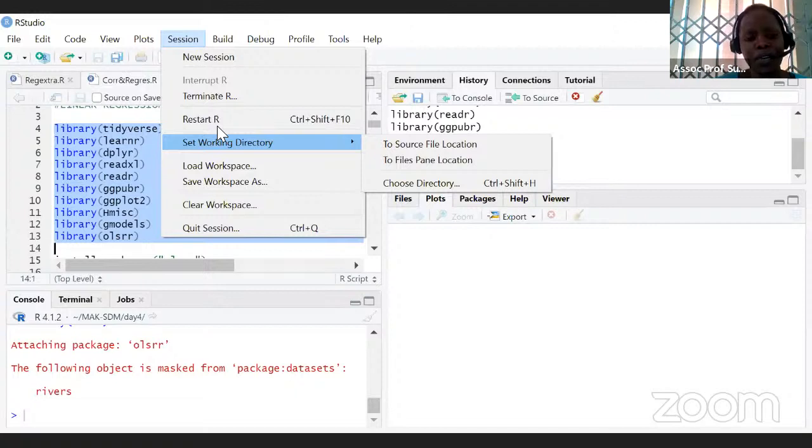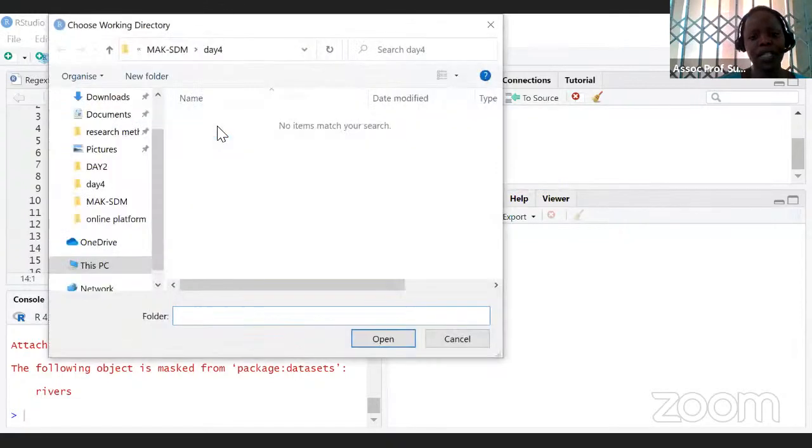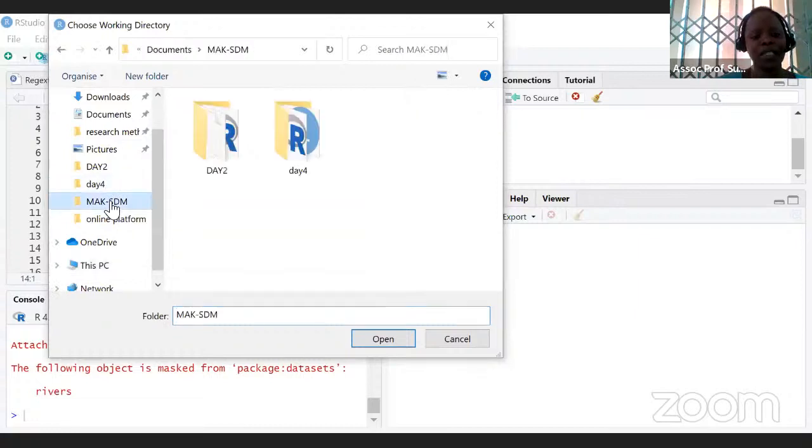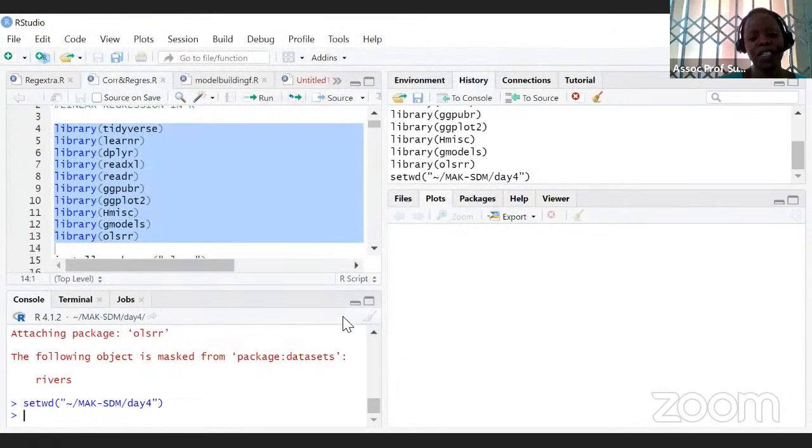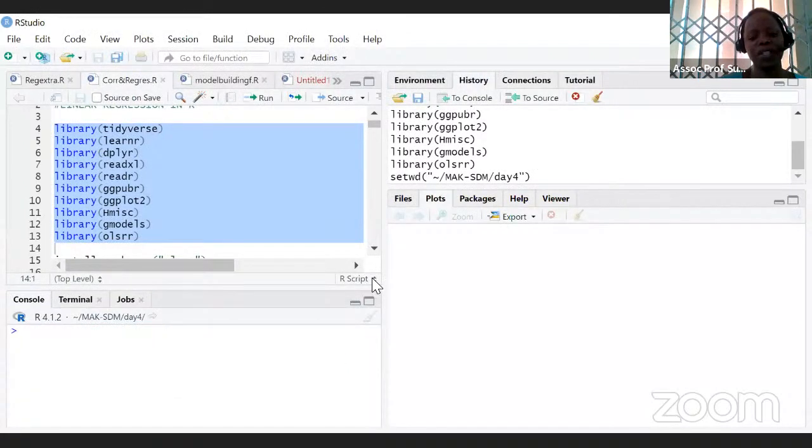To set the working directory, go to Session, Set Working Directory, and then Choose Directory. Once you click that, we will browse. Mine is in day 4, so that's what I'm going to look for. I click day 4 and then click open.